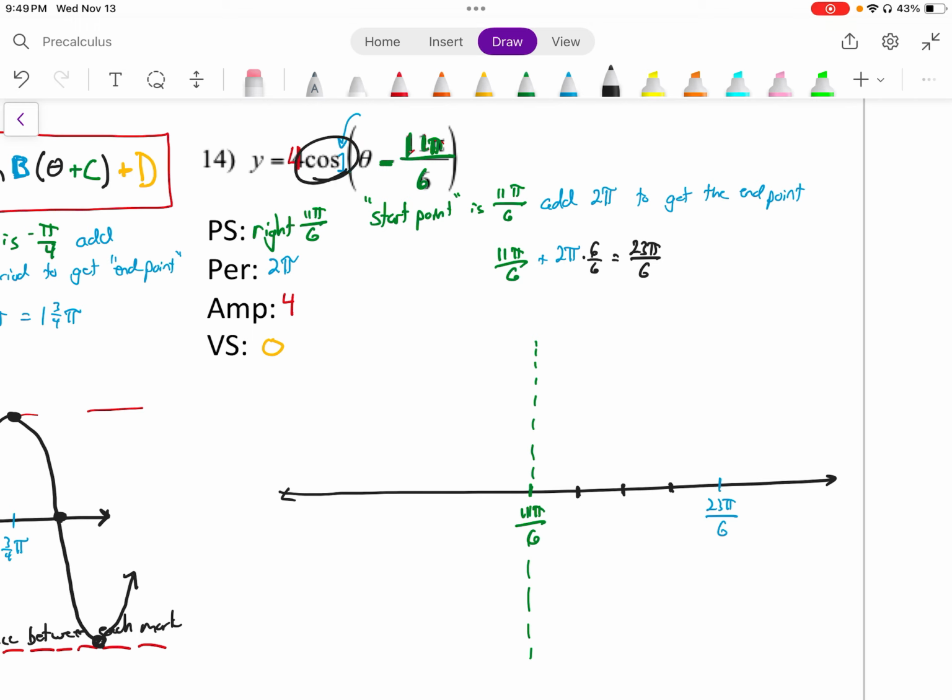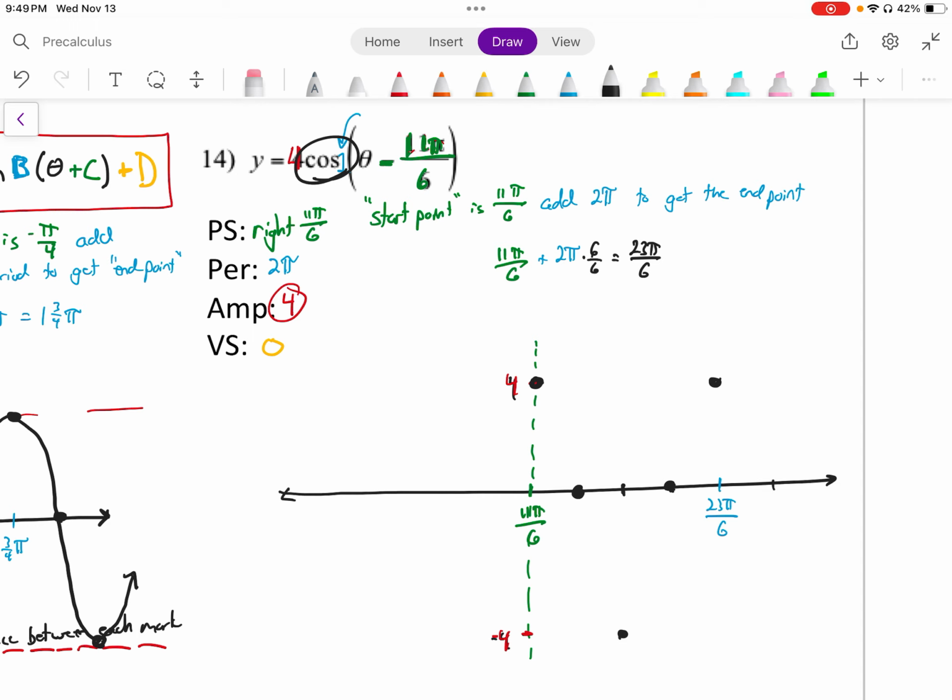Cosine starts up, so we can think, okay, we're going to start up here. I know this isn't our y-axis, but I'll go ahead and mark this 4, and down here is negative 4. We usually did those in red because that has to do with our amplitude. And so cosine starts up, then goes down to 0, then goes down to the lowest, which in this case is negative 4, back up to 0, and back up to the highest, which is 4.